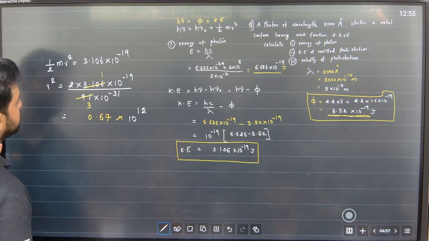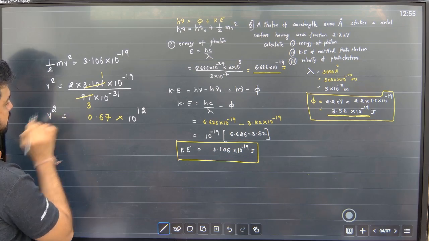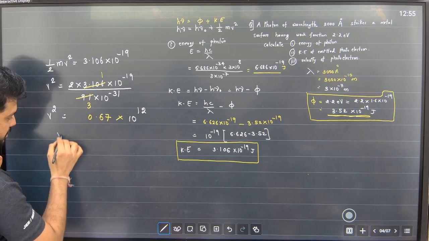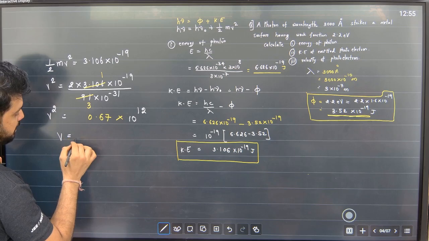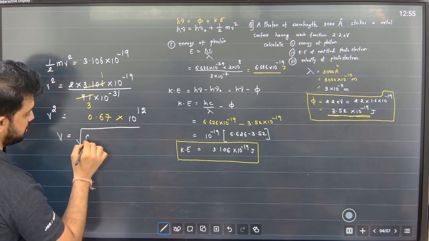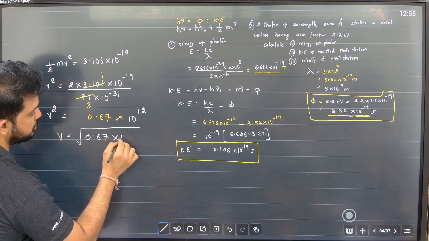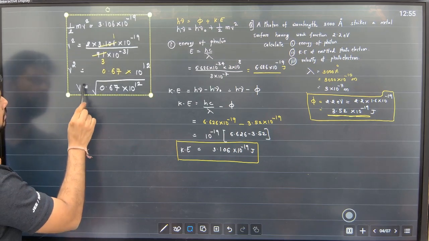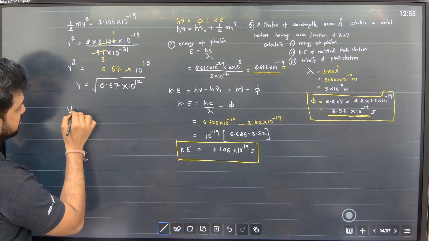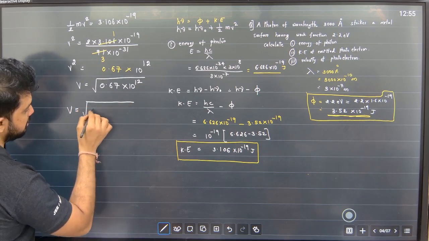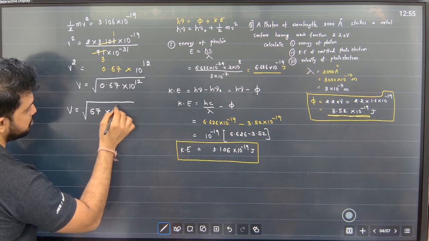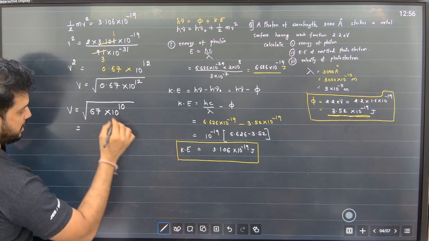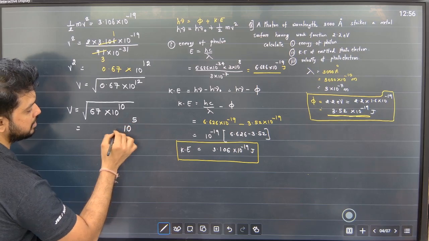Can I say approximately, and 2 by 3 is how much? 0.67. But this is the value for V squared. We are looking for the value for V. V will be under root of 0.67 into 10 raised to 12, or we can say that V is under root of 67 into 10 raised to 10. 10 raised to 10 comes out, becomes 10 raised to 5.